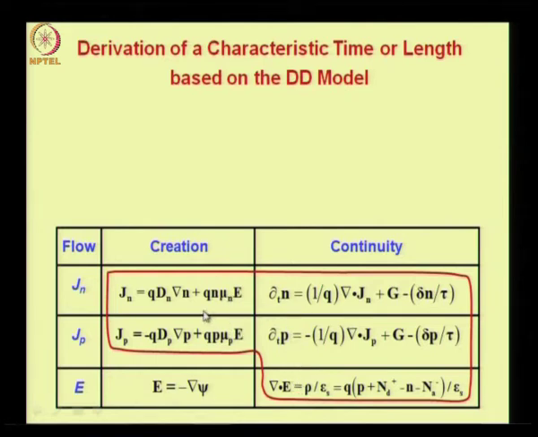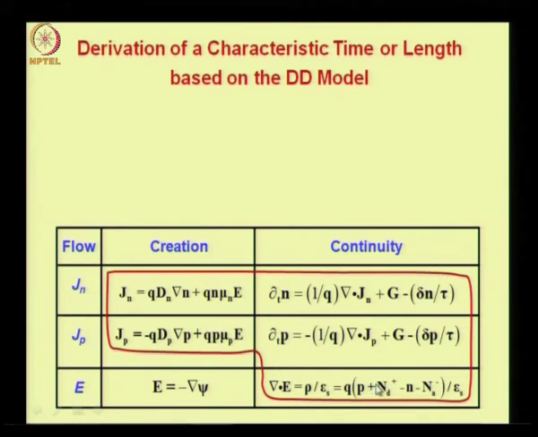You can see this very easily. For example, this Jn appears in the continuity equation for electrons, and similarly Jp appears in the continuity equation for holes.